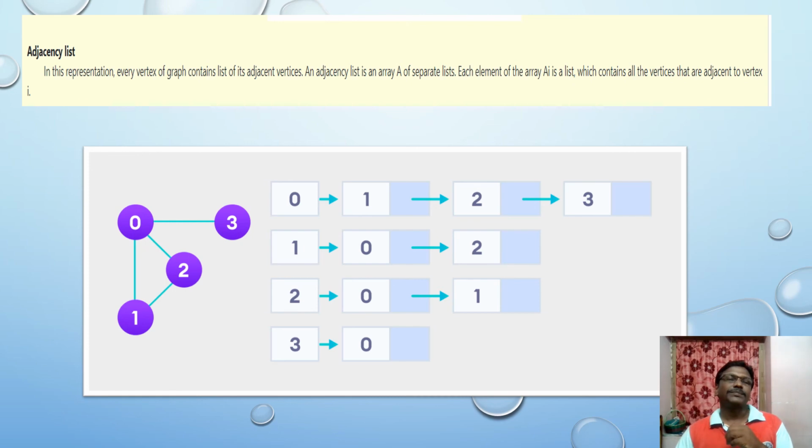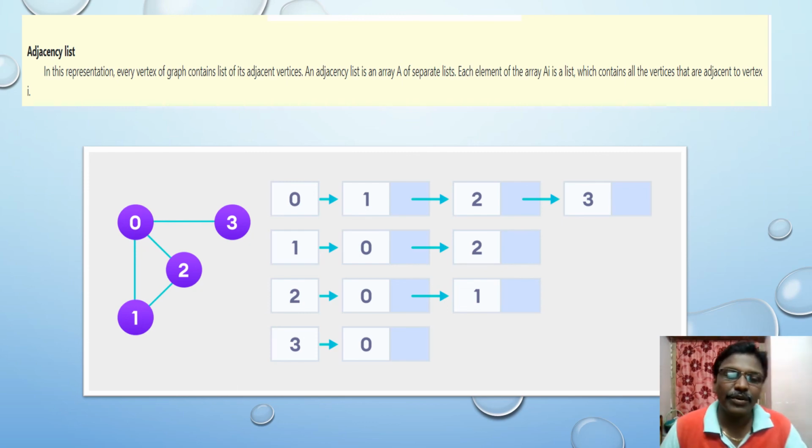Adjacency list. In this representation, every vertex of the graph contains a list of its adjacent vertices. An adjacency list is an array of separate lists. Each element of the array is a list which contains all vertices that are adjacent to the vertex.